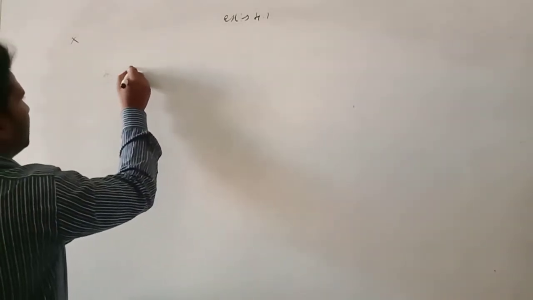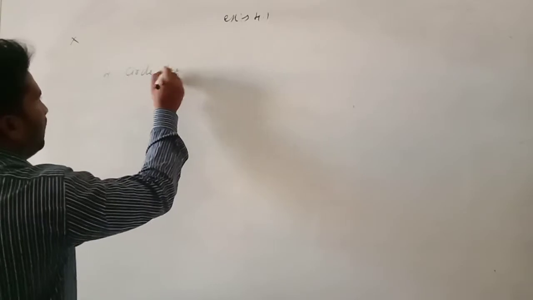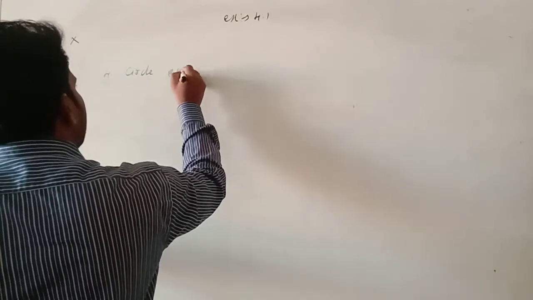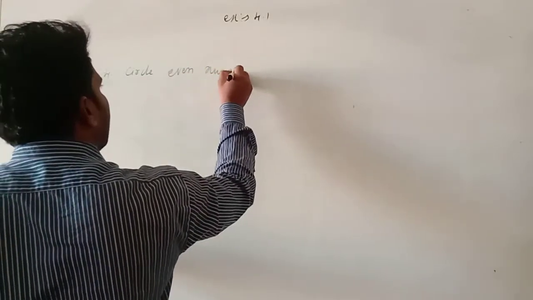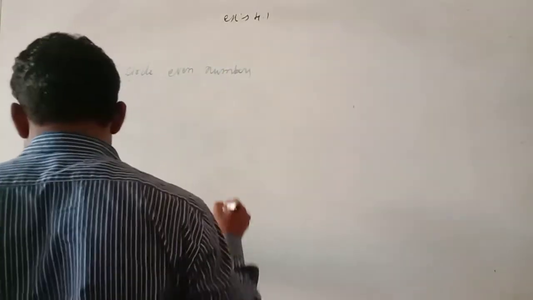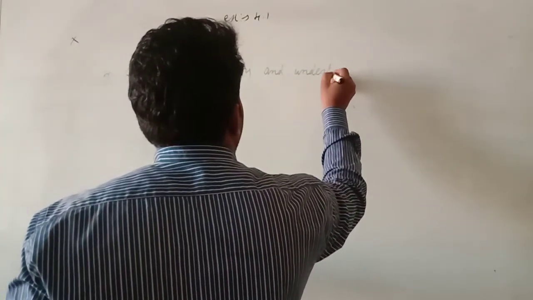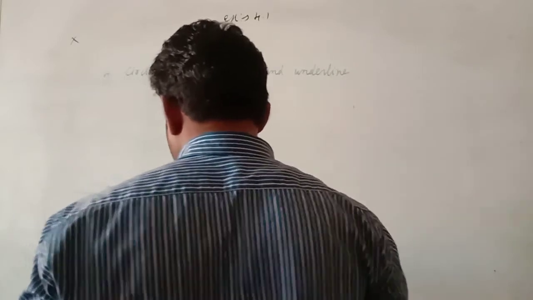So next, the fourth question: circle the even numbers and underline the odd numbers.